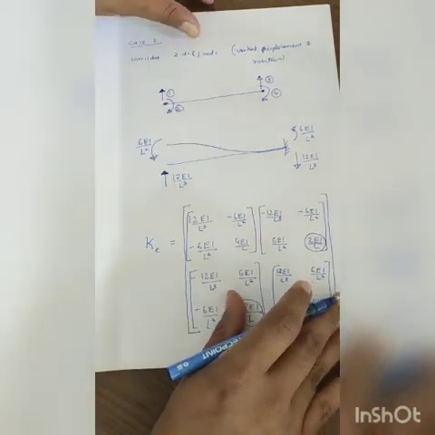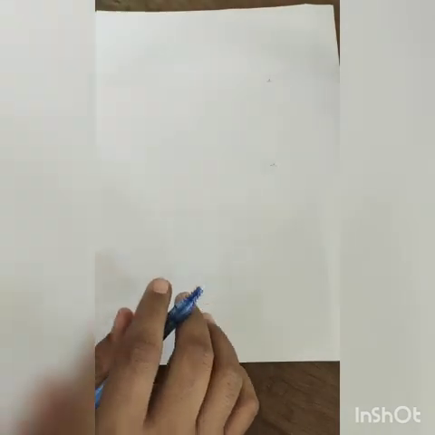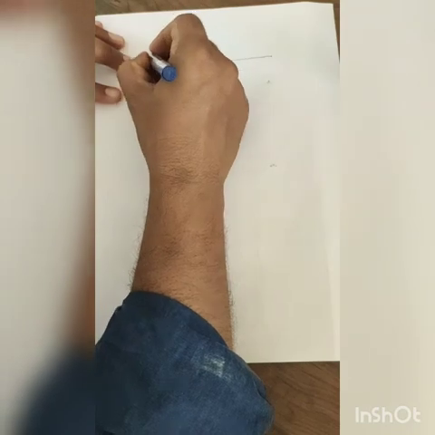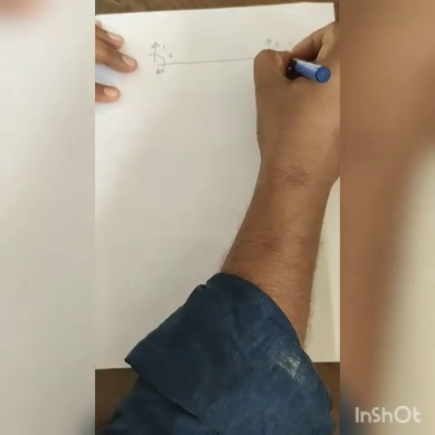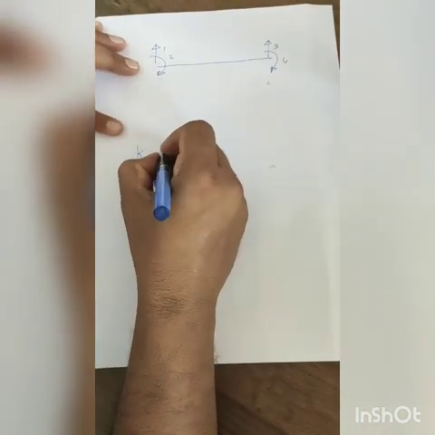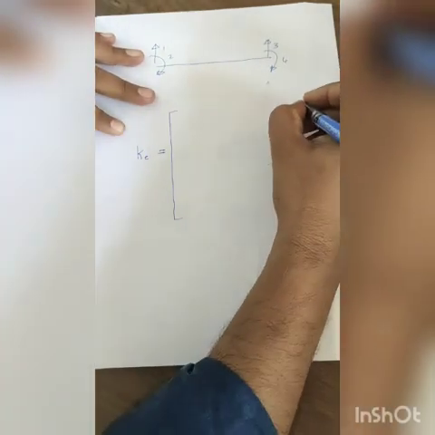So the technique is, if I want to write the stiffness matrix for a beam element, suppose this is my beam element, with these being 1, 2, 3, and 4. My request to all of you is to try to learn this now itself. It's a very simple technique.